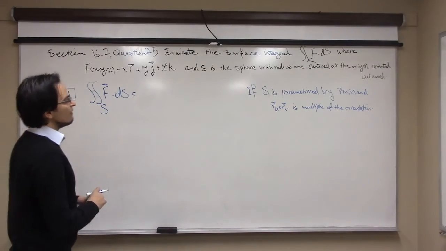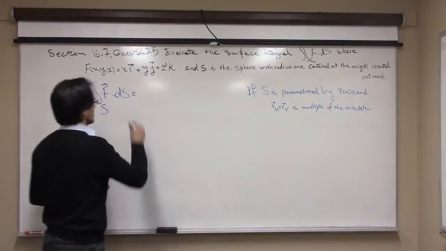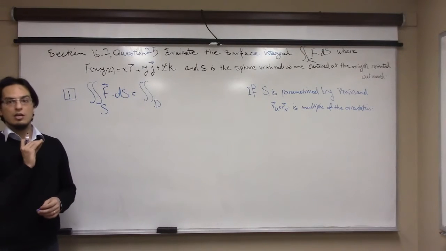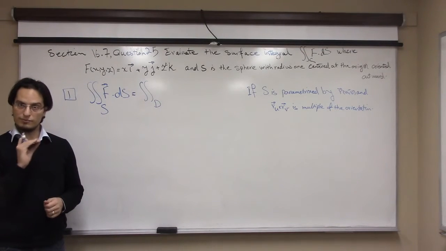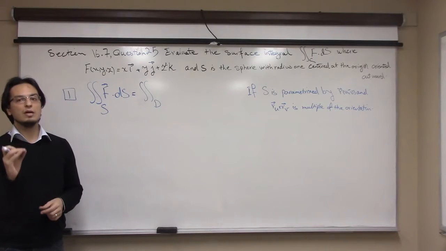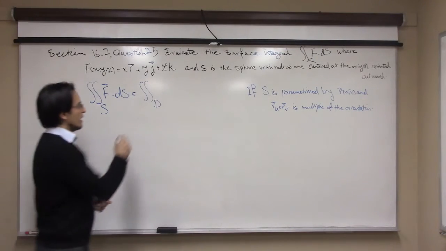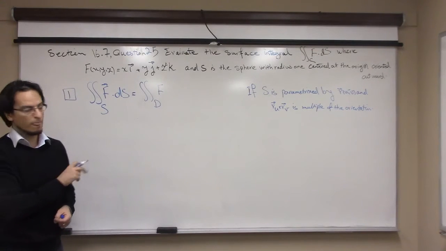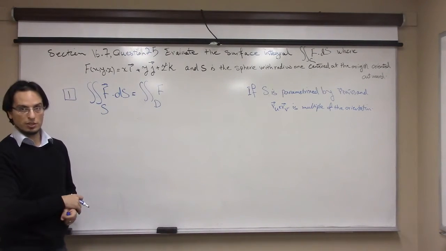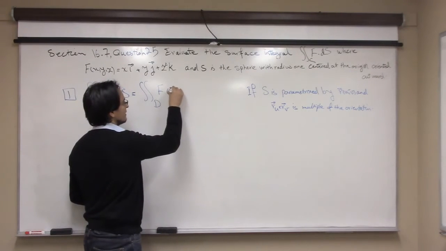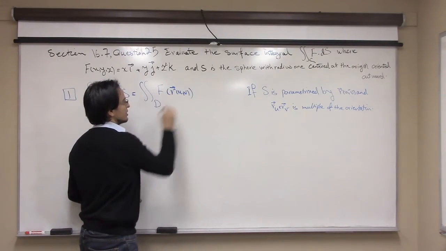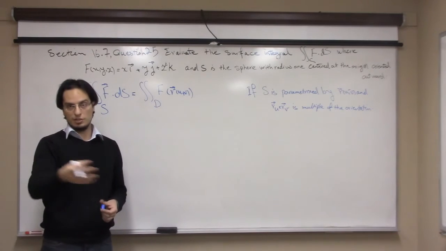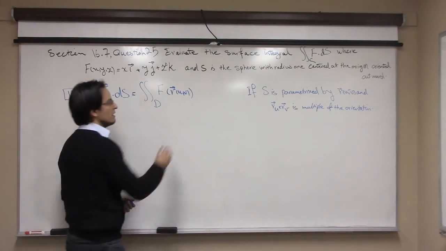So if I have a positively oriented parameterization, then I can change my surface integral of a vector field to a double integral by doing these three steps. Put boundaries of u and v for your double integral. Then plug your parameters into your vector field, so your vector field will be in terms of parameters u and v.